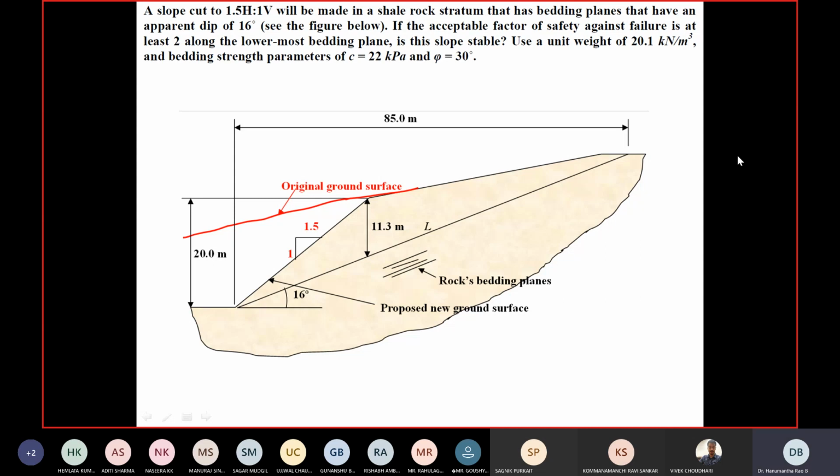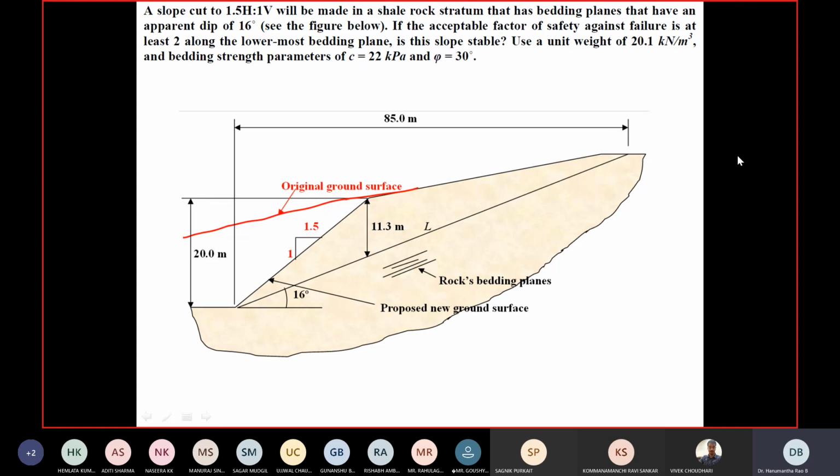So this is a straightforward and very simple problem. We can go for either mass procedure or method of slices. But if you want to go for method of slices, then you need to divide the entire slope into several number of slices.